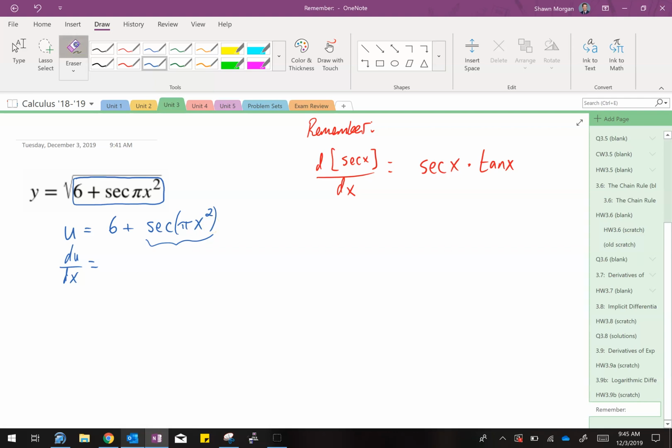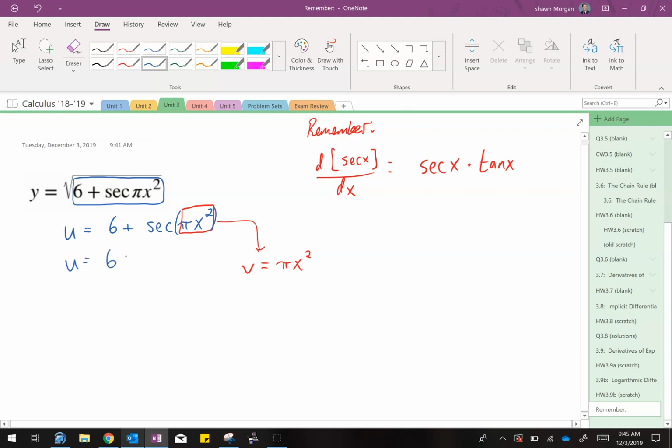So what I need to do is say, scrap that, and instead of finding du dx, let v equal pi x squared, and I can try to find du in terms of v.